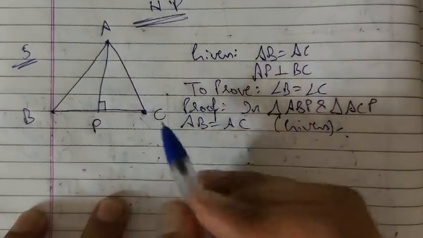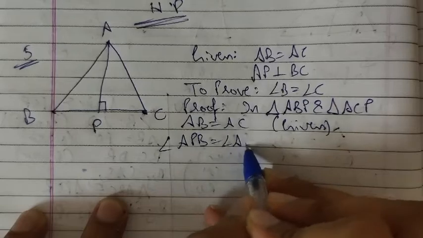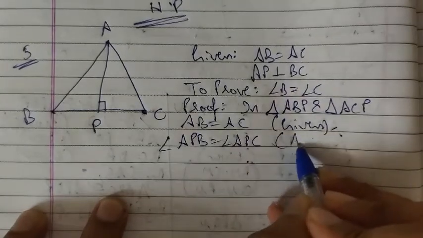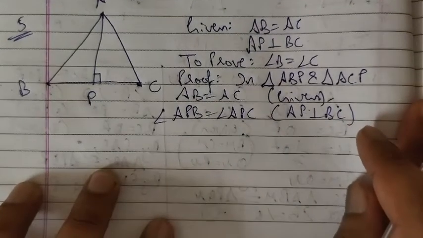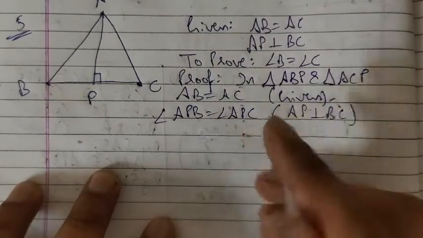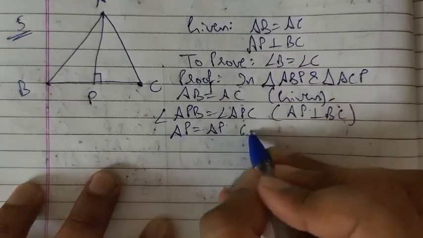And angle APB is equal to angle APC. AP is perpendicular to BC, right? Also APB is equal to APC. Also we know that AP is equal to AP, common.